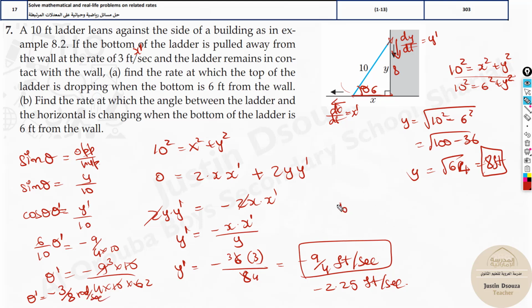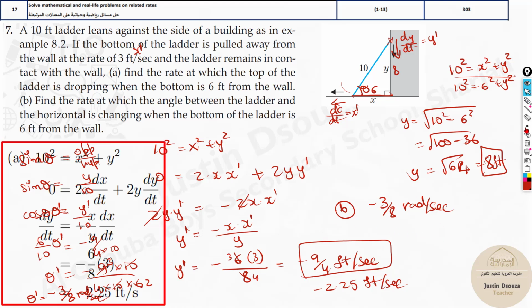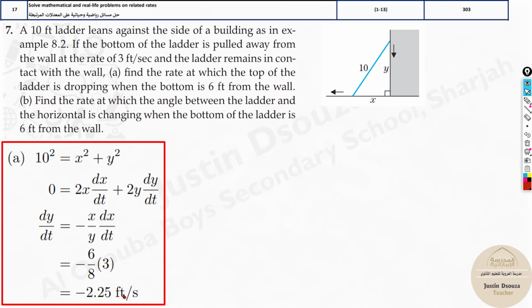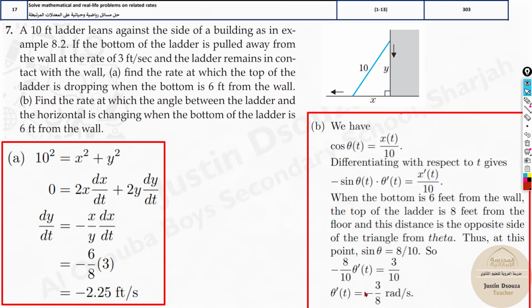The B answer would be minus 3 by 8 radians per second. That's the correct answer. You can put it in the calculator and solve it for the decimal form as well. So you can see that's how we do this problem. The first part we got was negative 2.25, and the next one was negative 3 by 8 radians per second.